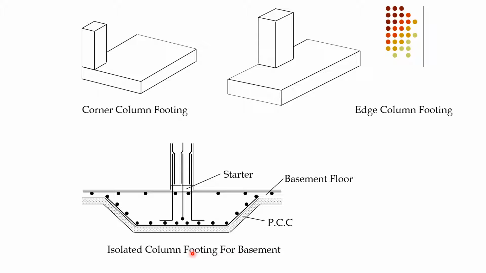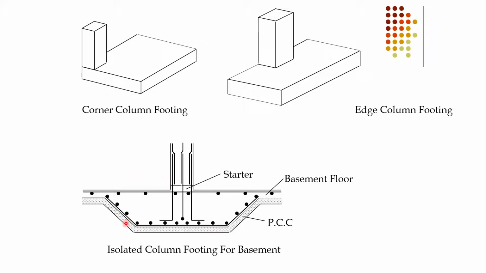Here is an isolated column footing for a basement. When there is a basement, there will definitely be a concrete slab at the bottom. So the spread footing goes in and is covered within its own thickness, whatever thickness is needed for the foundation of the isolated footing, in the basement.